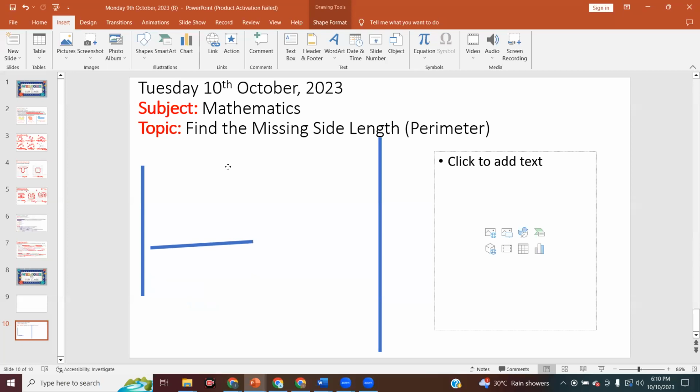Make sure you use a ruler when you're constructing this. Again, use a ruler when you're constructing this image.